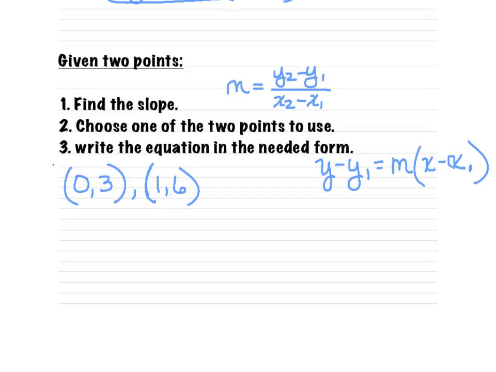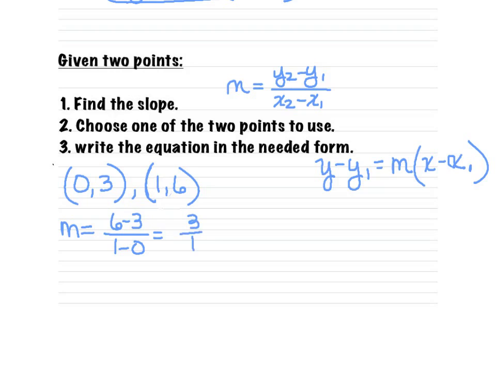Okay? All right, so let's work on this one. First, I need to figure out the slope of this line. So m equals 6 minus 3 over 1 minus 0. That's going to be 3 over 1, or just plain 3. Okay? So m is 3.